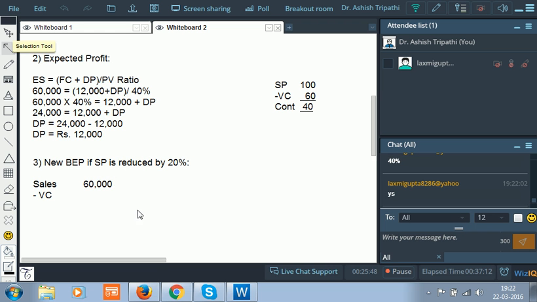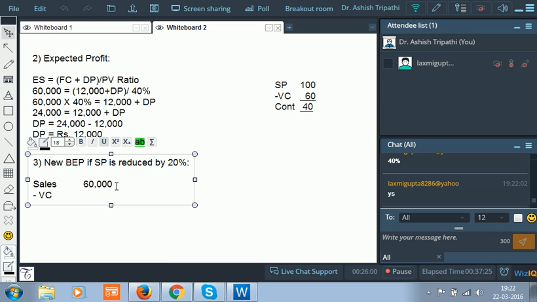Same way here also, we'll have to assume that 60,000 is 100%. Okay, and your PV ratio is 40%. If PV ratio is 40%, that means variable cost will be 60%. So we'll have to calculate 60% of 60,000. 60,000 ka 60% will give you 36,000.